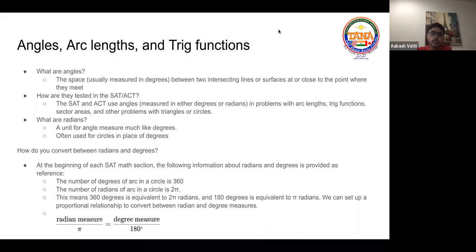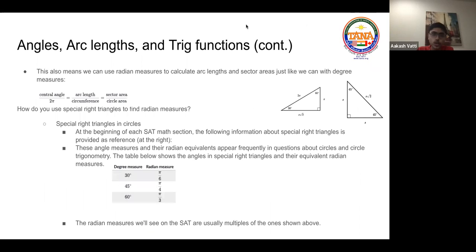You can set up a proportional relationship to convert between radian and degree measurements: radian measure over pi equals degree measure over 180 degrees. This also means we can use radian measures to calculate arc lengths and sector areas, just like with degree measures. You have central angle over 2 pi equals arc length over circumference, which is the same as sector area over circle area.